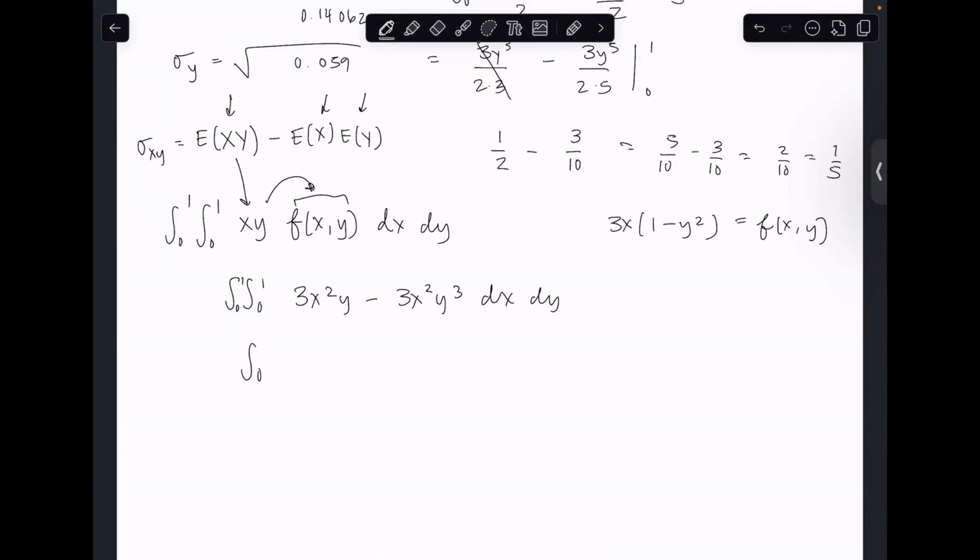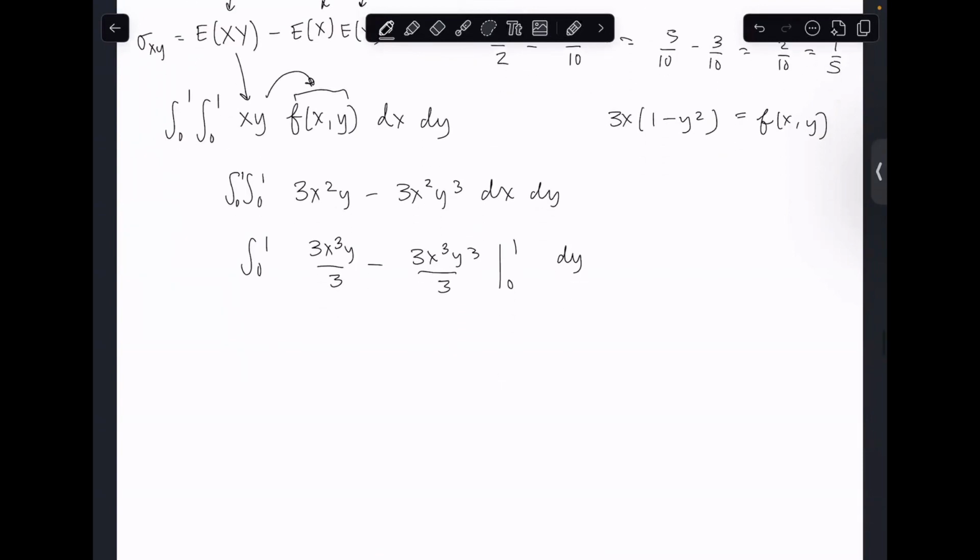Let's integrate on X first, because why not? Evaluate it from 0 to 1, because that's the bound of X. And that just gets us 1 in here, 3's cancel. That gets us just Y minus Y cubed, which is nice.